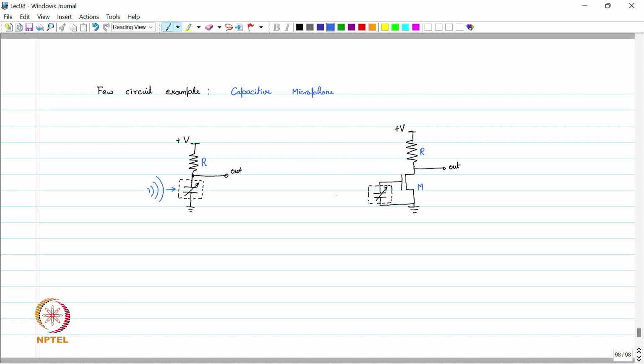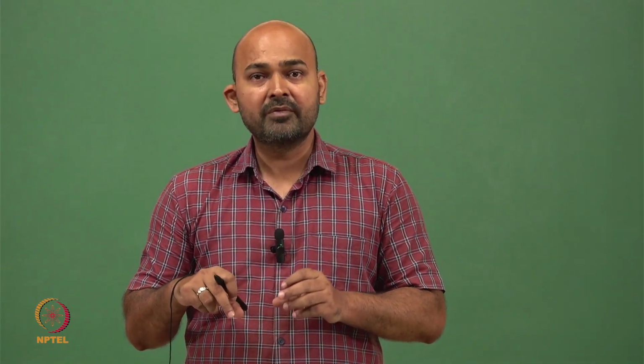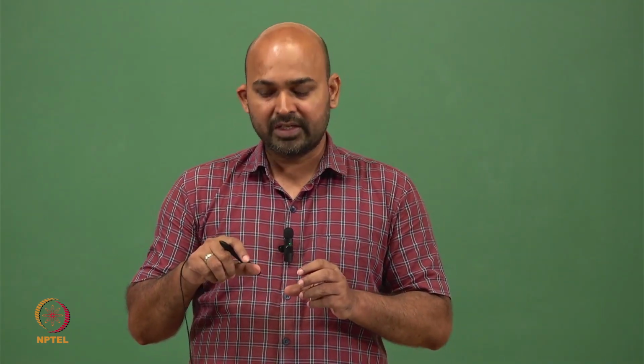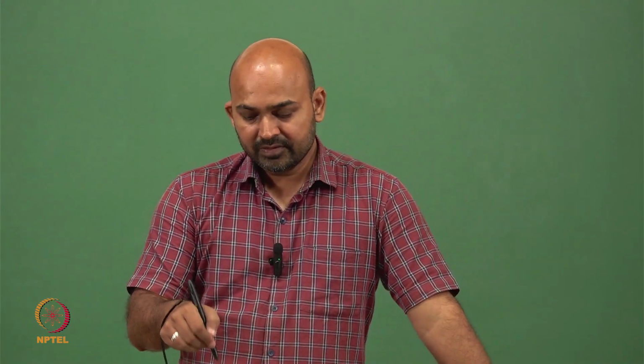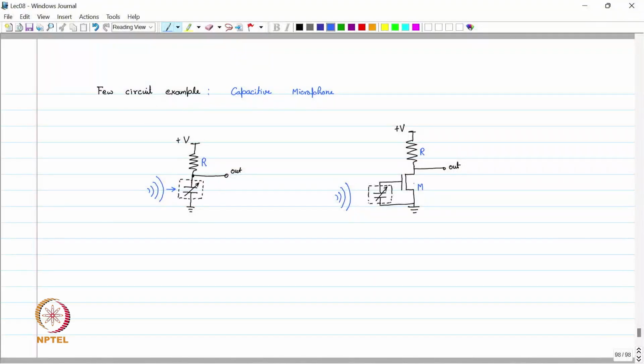So in this circuit, if an acoustic wave hits from the left, the voltage across this capacitor changes because of the diaphragm movement. This voltage is applied at the gate of the MOSFET, which works as an amplifier, connected to the resistance on top with a supply bias.